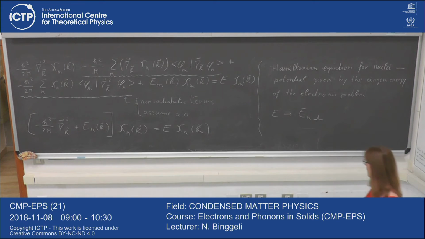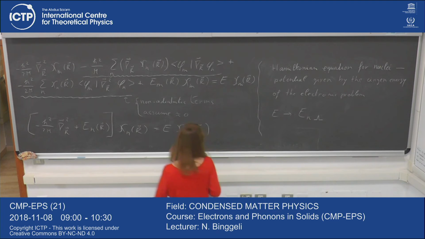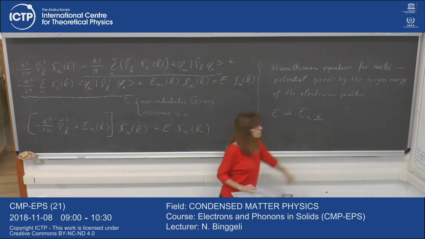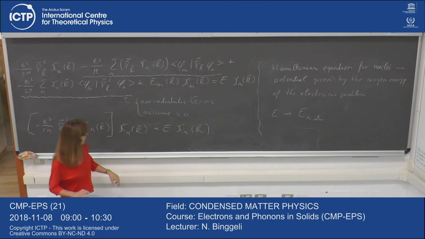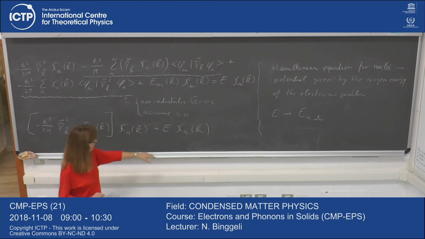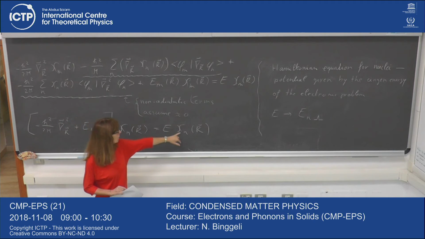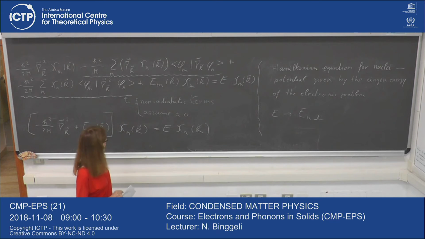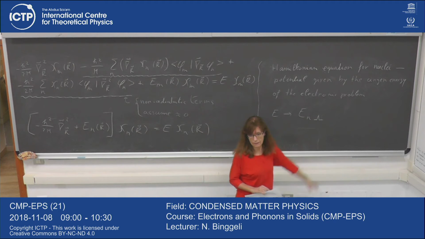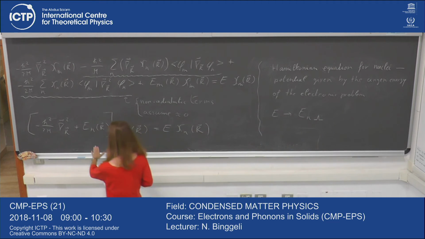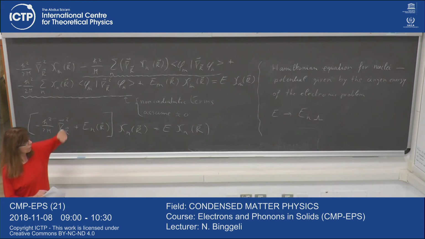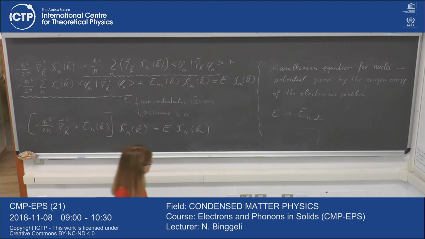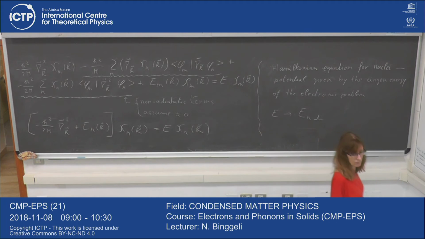That is, the nucleus solution will depend on, the E will depend on, first which n one chooses for the electron, and then for a given n for the electrons, one has all the eigenstates related to the vibration of the nucleus that we will label with lambda.